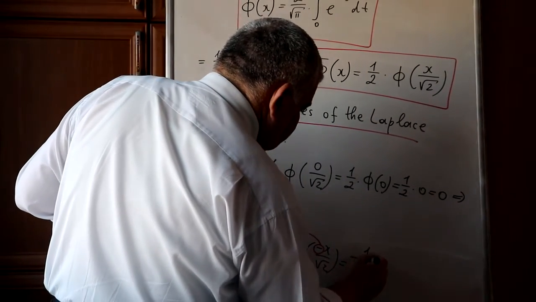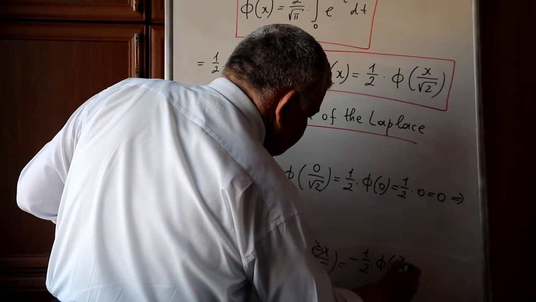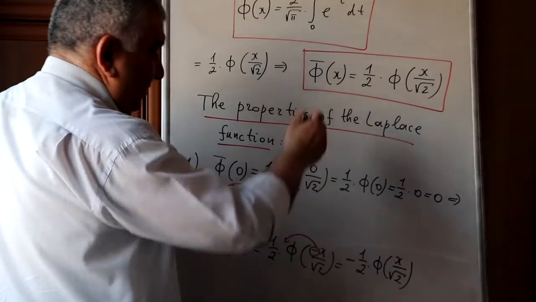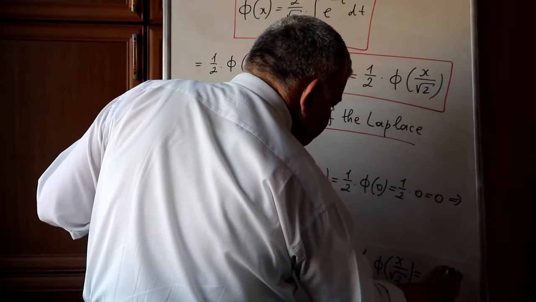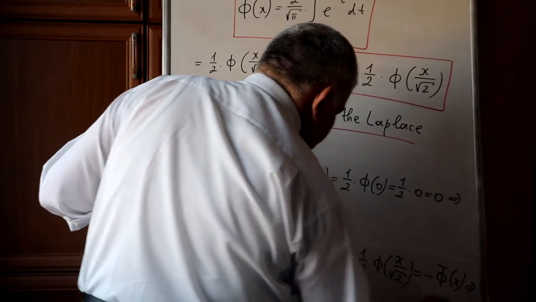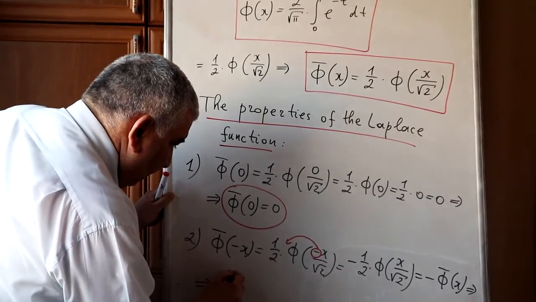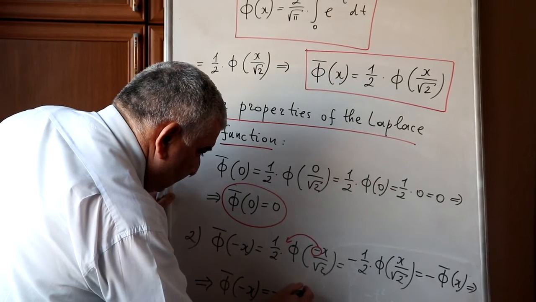We obtain minus 1 second multiplied by phi of x over square root of 2, and it is phi bar of x, so it is minus phi bar of x. We obtain the second result. Phi bar of minus x is minus phi bar of x.